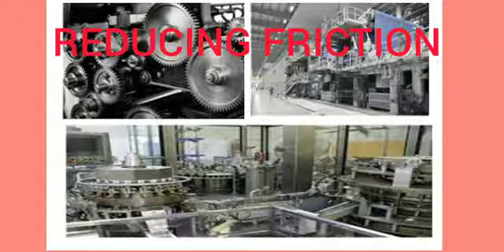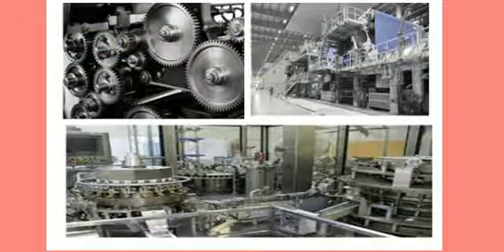So we always try to reduce friction in machinery parts. Now how do we do that? By applying grease in machinery parts. So when you apply grease, the surface will turn smooth and therefore friction will reduce.